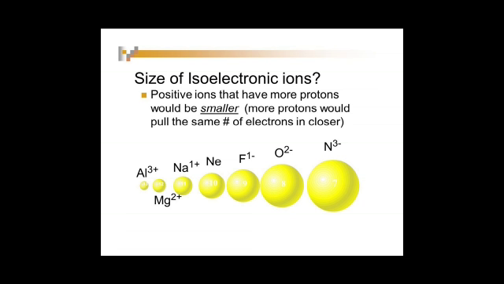What about the anions? Fluoride ion, oxide ion, nitride ion. The anion which has more negative charge will be larger, and the anion which has less negative charge will be smaller. So F- will be smaller than O2- and N3-.